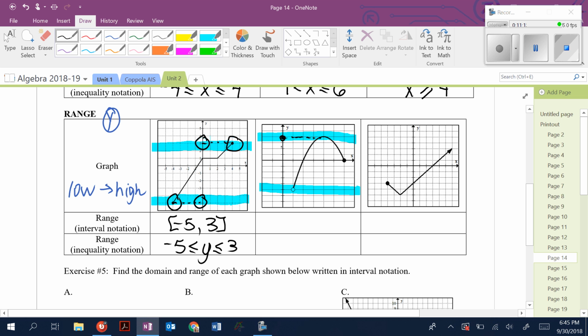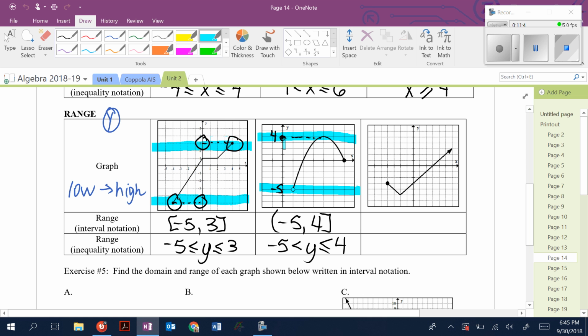How high is that? 1, 2, 3, 4, and it starts out at -1, -2, -3, -4, -5. So here we go from -5 all the way up to 4. 4 is most definitely included because there's not an open point there, but -5 is not included, rounded. So -5 is less than y, less than or equal to 4.